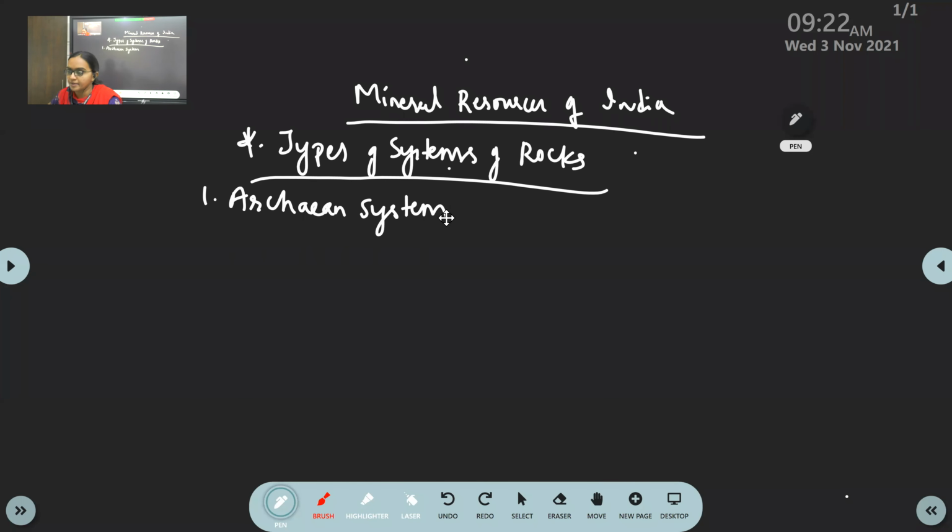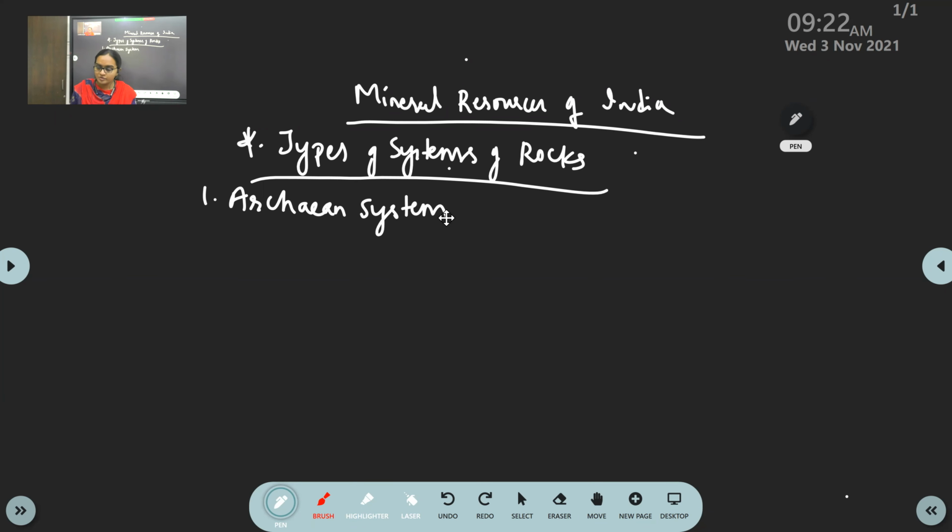These are the oldest and primary rocks. But their original form has been destroyed due to metamorphosis.